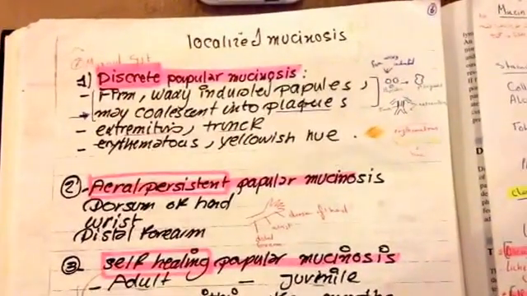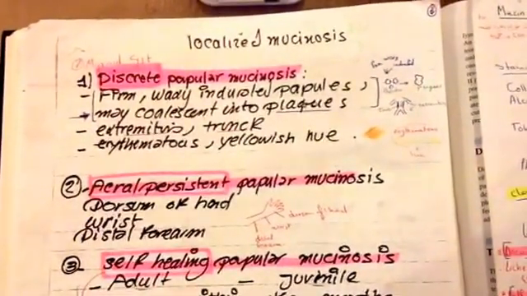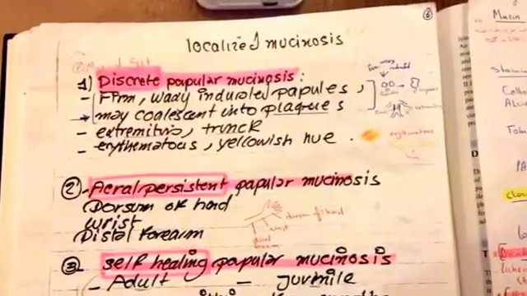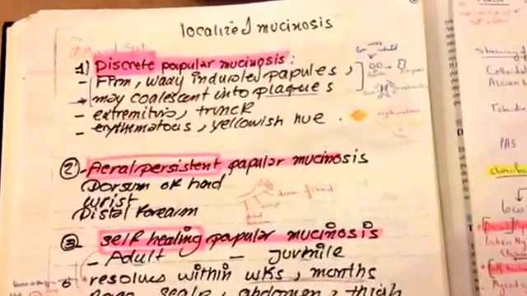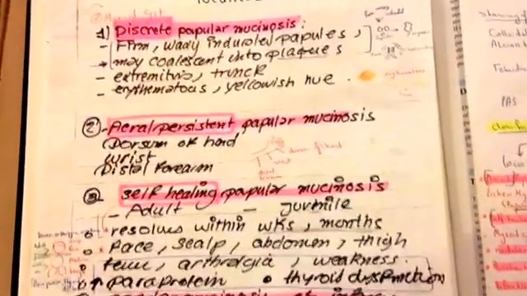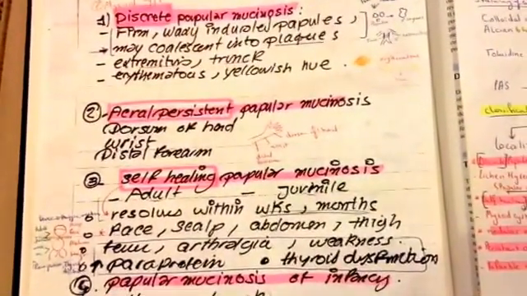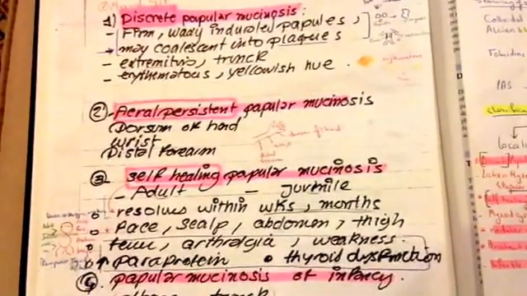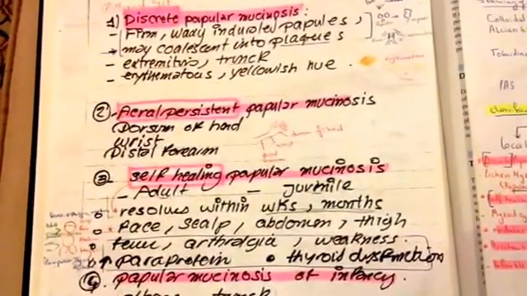Acral persistent papular mucinosis is acral, occurring in the dorsum of the hand, wrist, and distal forearm. Self-healing papular mucinosis occurs in adults, and there is a juvenile type. It resolves within weeks and months, in the face, scalp, abdomen, and thigh.